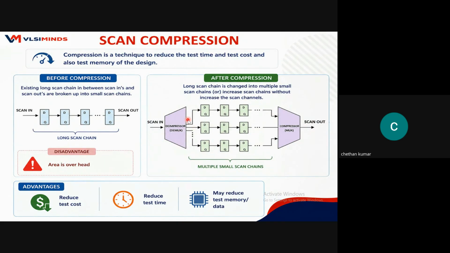The designer will say, I will give only one pin for sending your scan data in and another pin for taking the scan data out. You do whatever you want with that. I have no liberty to increase this. So I should go with this method called scan compression.